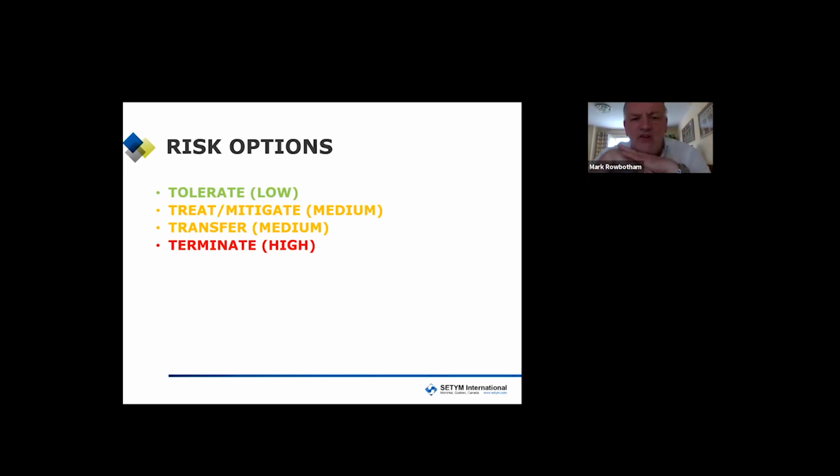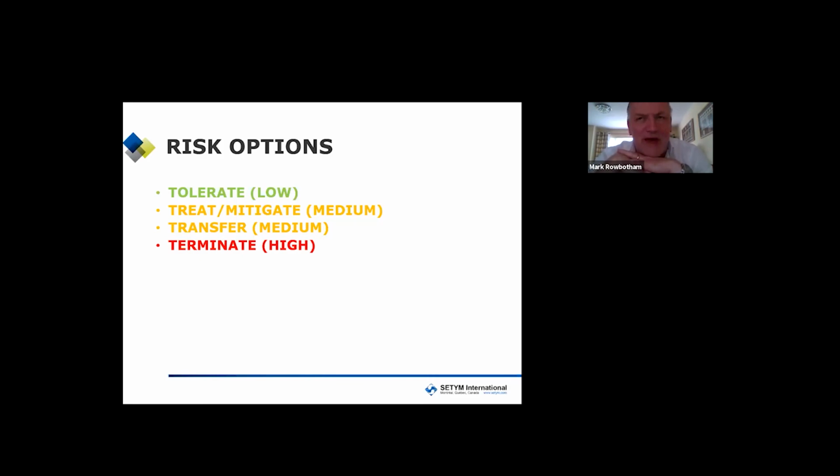They're the 4 T's. Tolerate, because it's low risk, it's not creating a problem. Treating or mitigating it, that is medium risk. So we can take mitigating action in order to reduce the risk ourselves. Now, medium also has transfer. Now, this is for things like insurance. We can't deal with it ourselves, but we know a man who can. The man is an insurance agent. So we're going to contact our insurance company and say, can you deal with this?